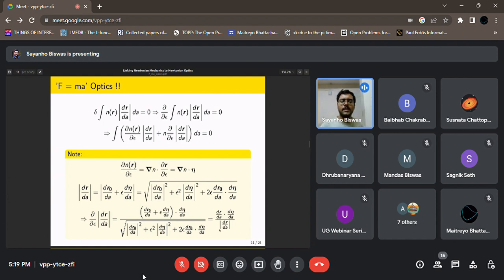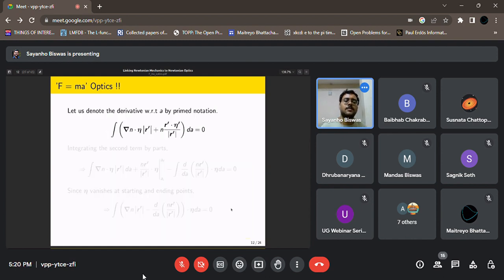So the final quantity over here, that is the partial derivative with respect to epsilon of mod dR/dA, should give you r vector prime dot product with eta vector prime divided by mod of r vector prime. That is basically the derivative with respect to A, the last quantity written in this slide after equals.